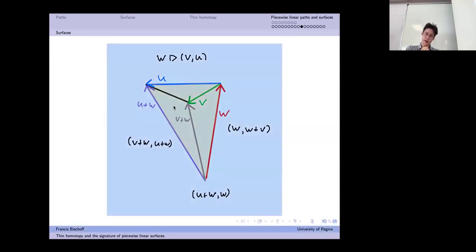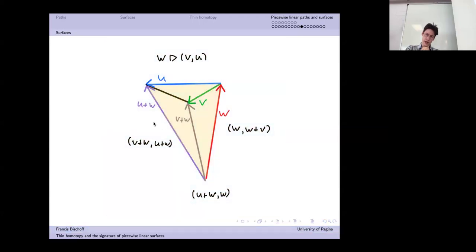I have this side here, which is made out of, well, V plus W and U plus W. And then I have this back face, which is made by W and U plus W. So those are the three sides. And then you have the top face.